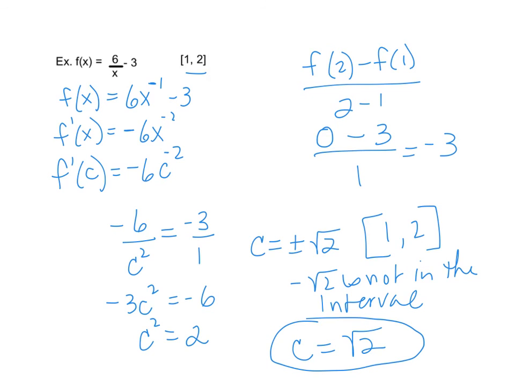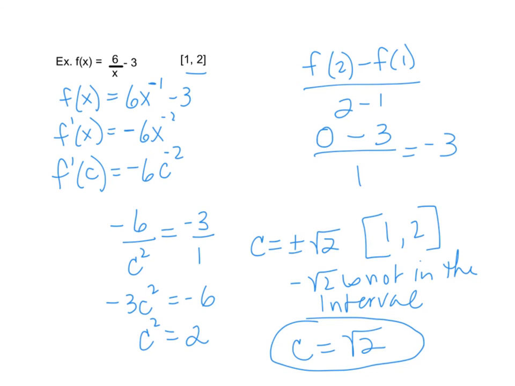Now, here's an interesting thing about this. Let's go back to the original problem. The original problem is this, right? So over the interval 1 to 2, because we got values for c in this interval, this was continuous. So this is, again, back to that first video that we looked at, and that concept of open and closed interval, that any function can be continuous and differentiable over a certain interval.